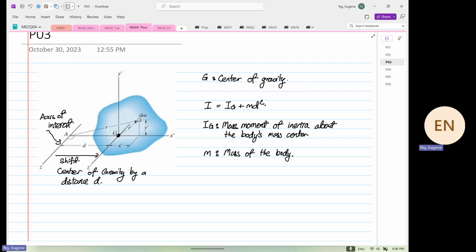And then finally, d represents the perpendicular distance between the parallel axes.